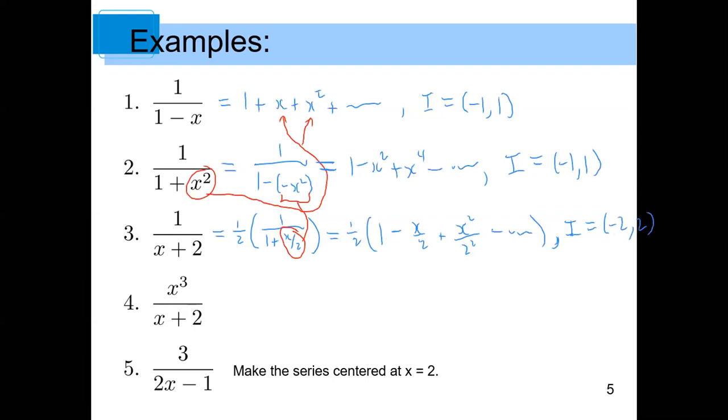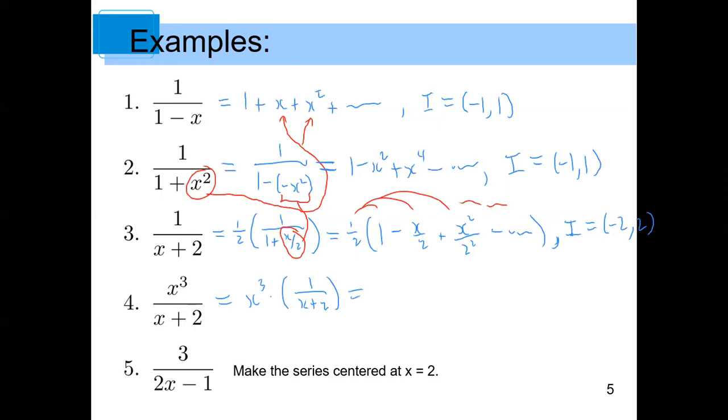And then, of course, this guy is just basically thought of as x cubed times 1 over x plus 2. So we could use the previous power series to get one for this, yeah? And I'm inclined to go ahead and distribute this 1/2 through here and then multiply through by x cubed. And so what is the power series going to be for this?